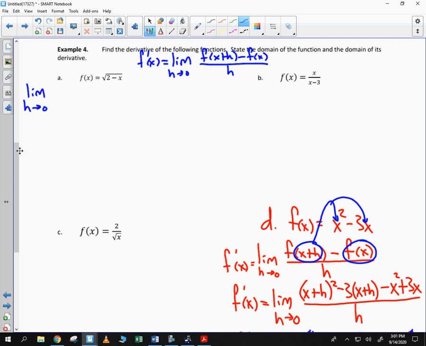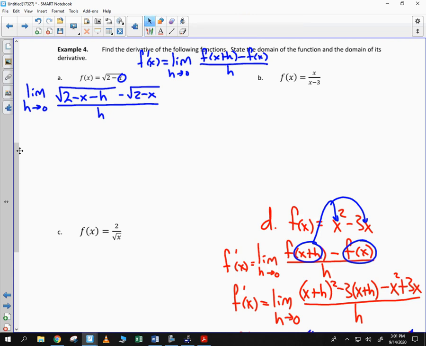So if we plug x plus h into this function, we get the square root of 2 minus x minus h, minus the square root of 2 minus x, all over h. That's what we would like to simplify, and we need to get rid of that h in the denominator, okay?